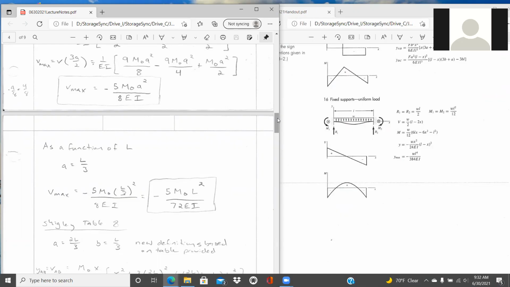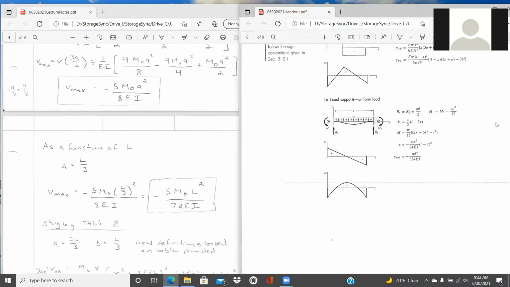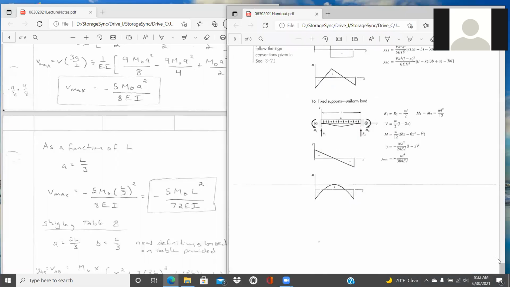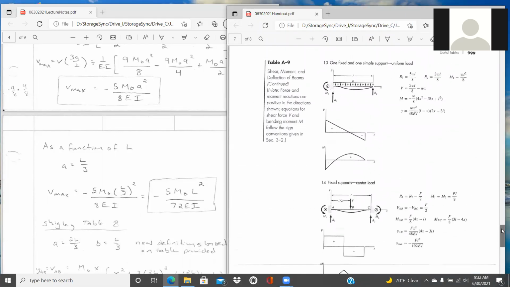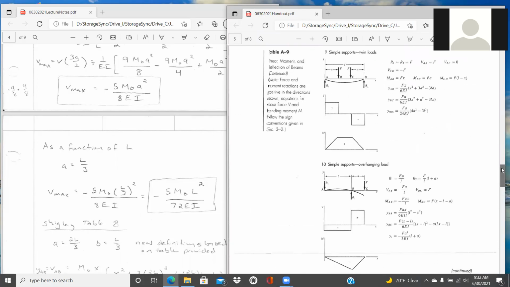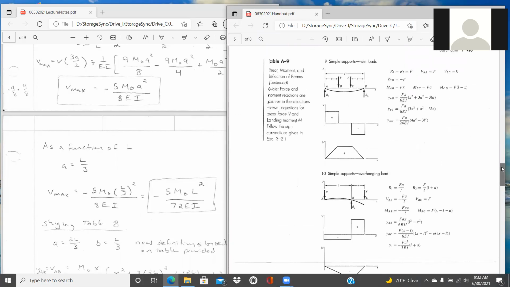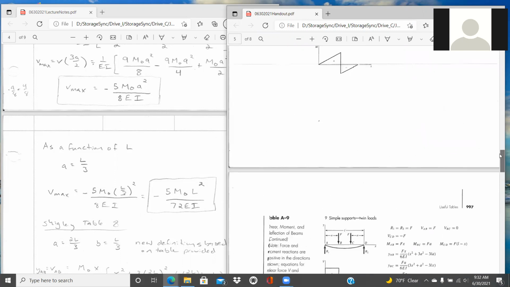And so I thought I'd show you an example of how to do that for this particular case. And when you get into machine design, you'll be using Shigley's textbook. And they have a whole host of other common loading applications for their tables.